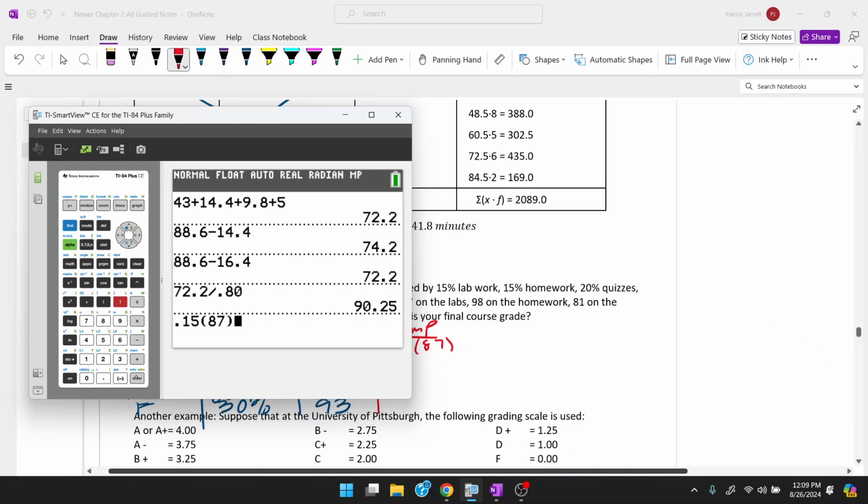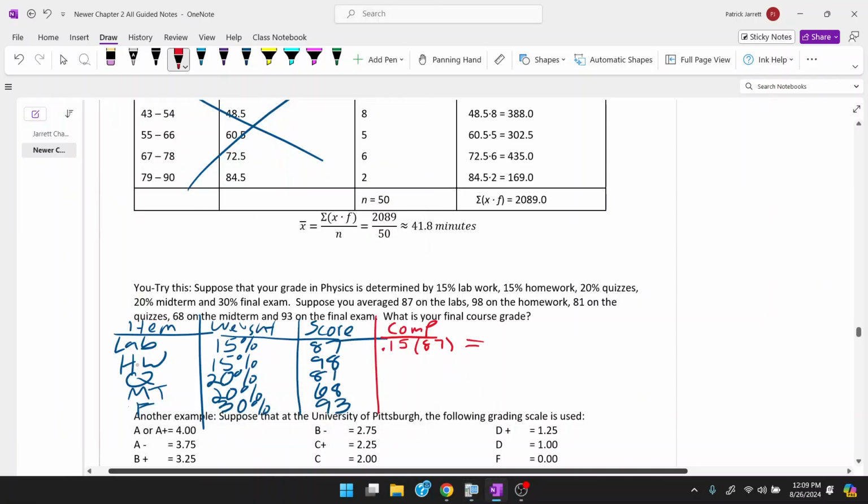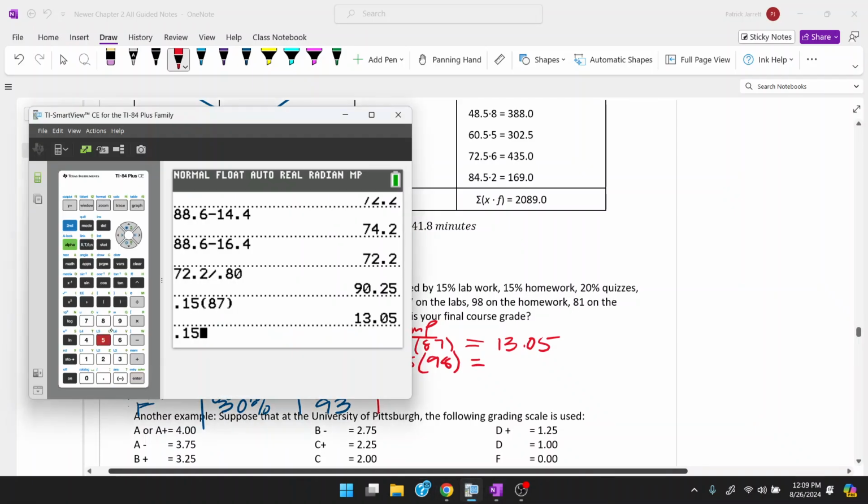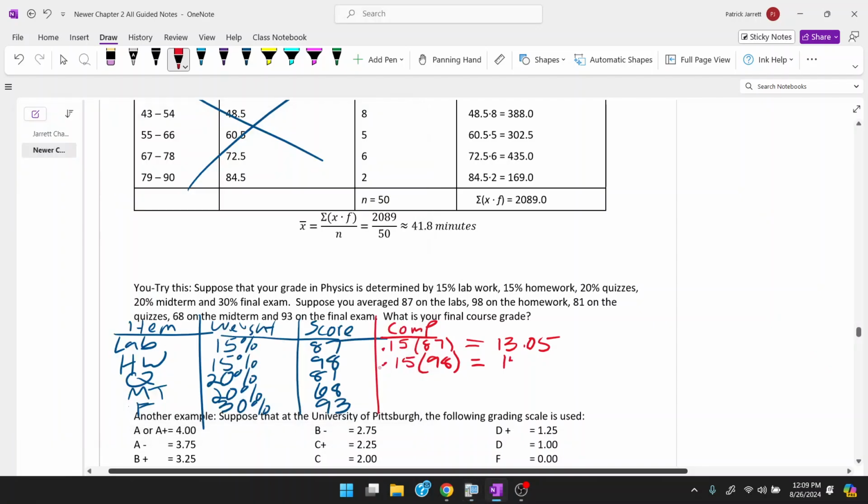And we don't need to round to a near decimal place or anything. 13.05. 15% of 98, that's going to be 14.7. 20% of 81, then you take 20% of 68 and 30% of 93.